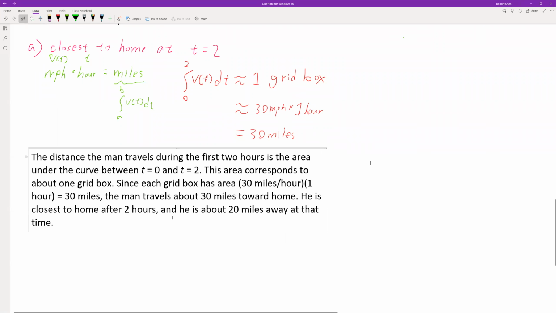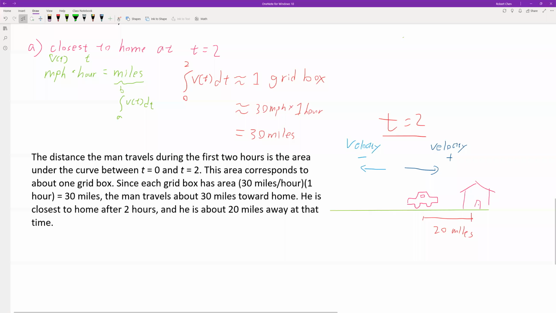Let's draw a picture of how close he is after 2 hours. At the 2 hour mark, this man is about 20 miles away from his home, and that's what we're looking at in this case.